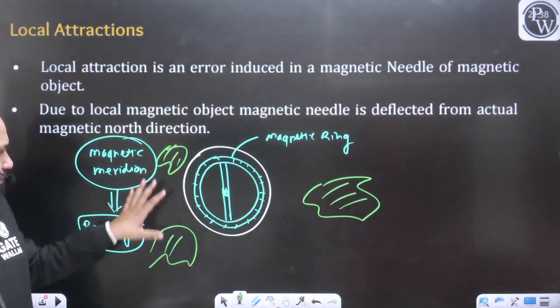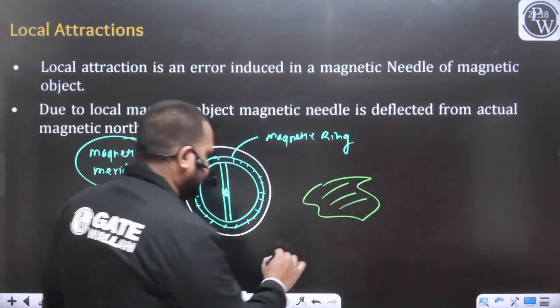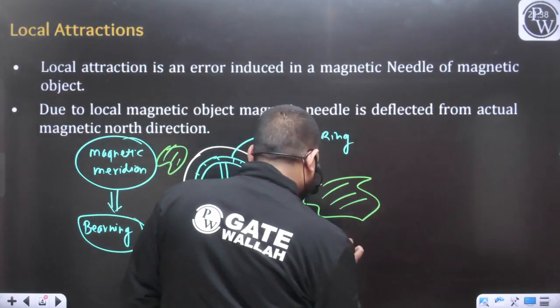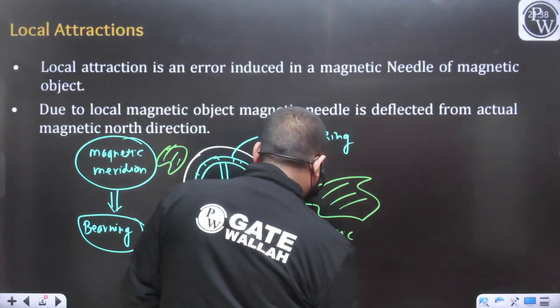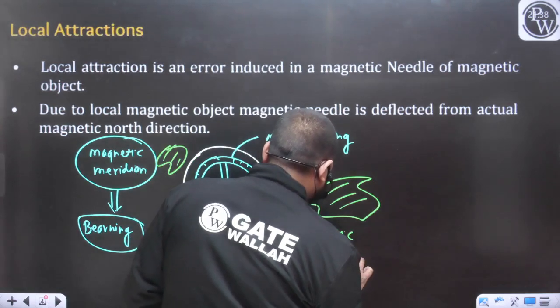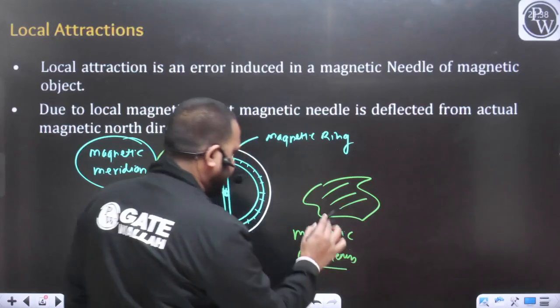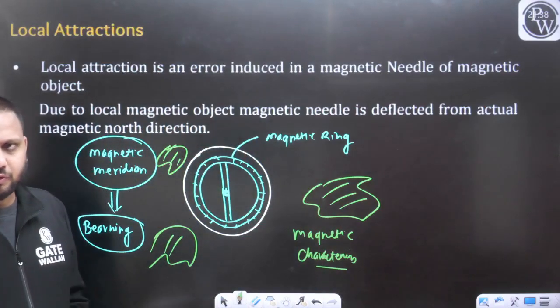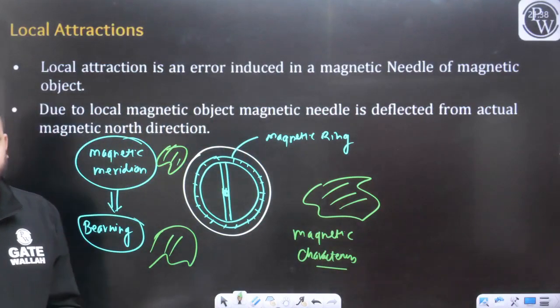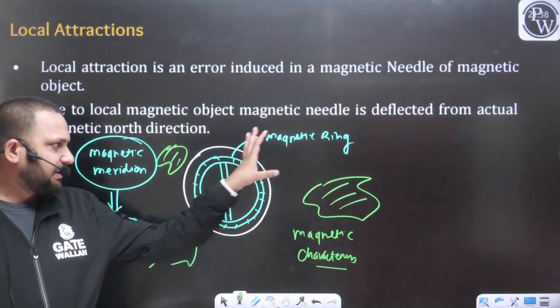Because all these objects have magnetic characteristics, and due to the availability of these objects, there will be a disturbance in the magnetic ring.